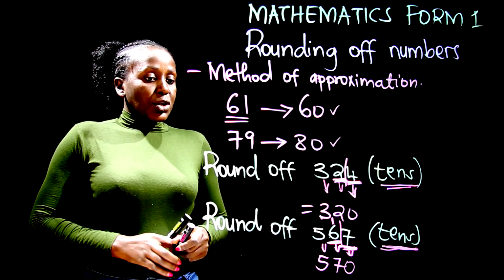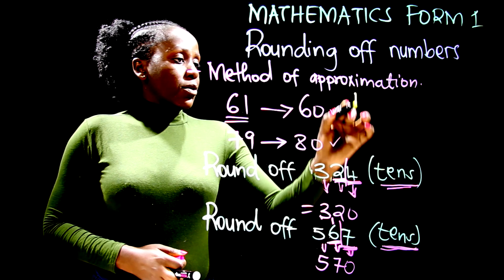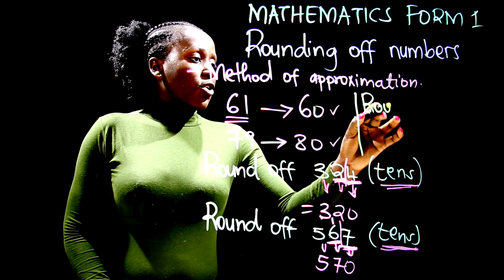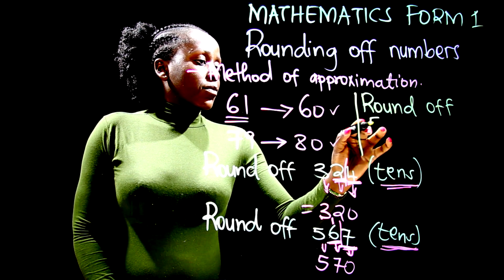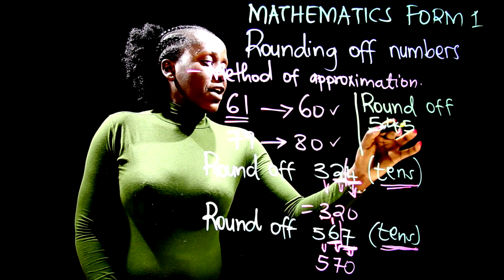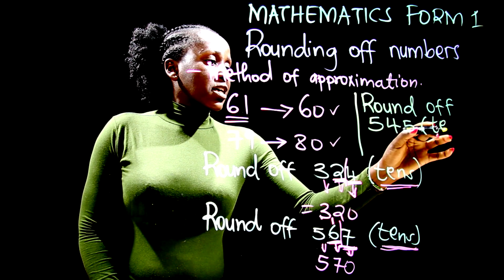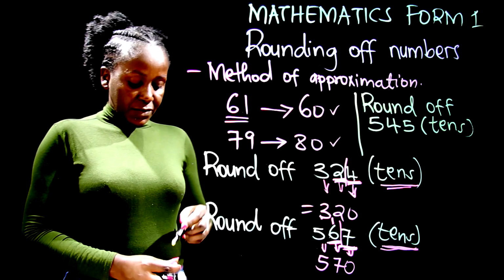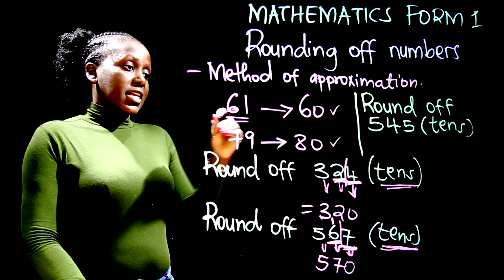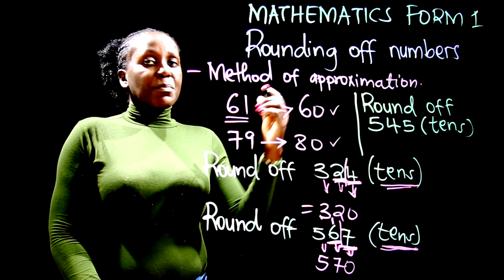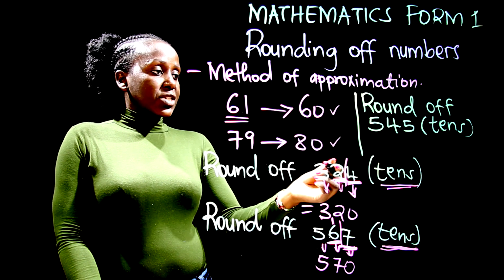One final example, we can round off 545 into the nearest tens, okay? Again, identify the place value of each digit.